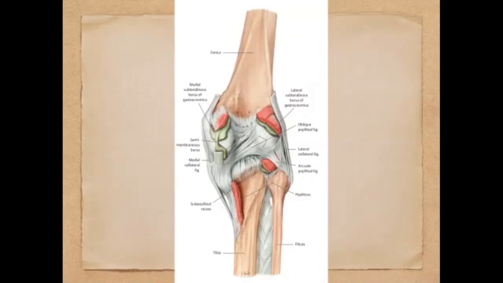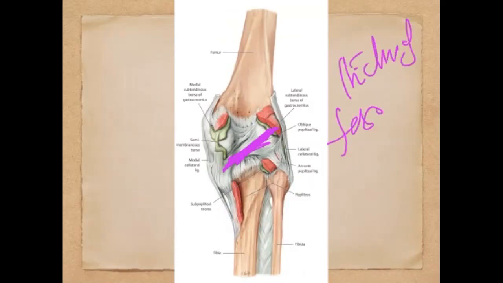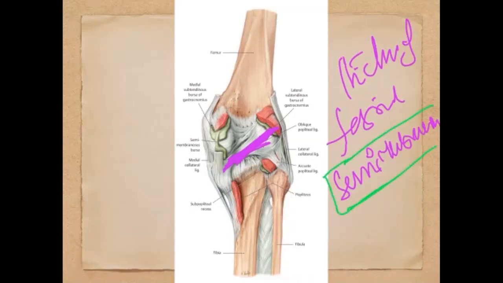This is the posterior aspect of the knee joint. Here is the oblique popliteal ligament, because it is a thickening of the fascia of semimembranosus. Remember this. It supports the knee joint posteromedially, and laterally you see the subpopliteal recess here.